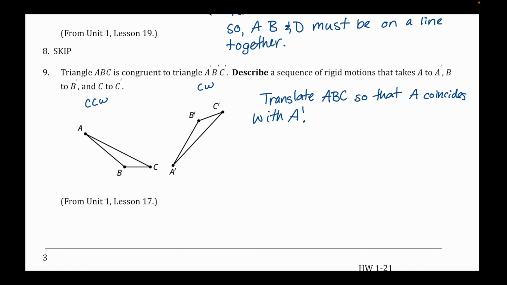I am now going to rotate the image until B coincides with B prime.